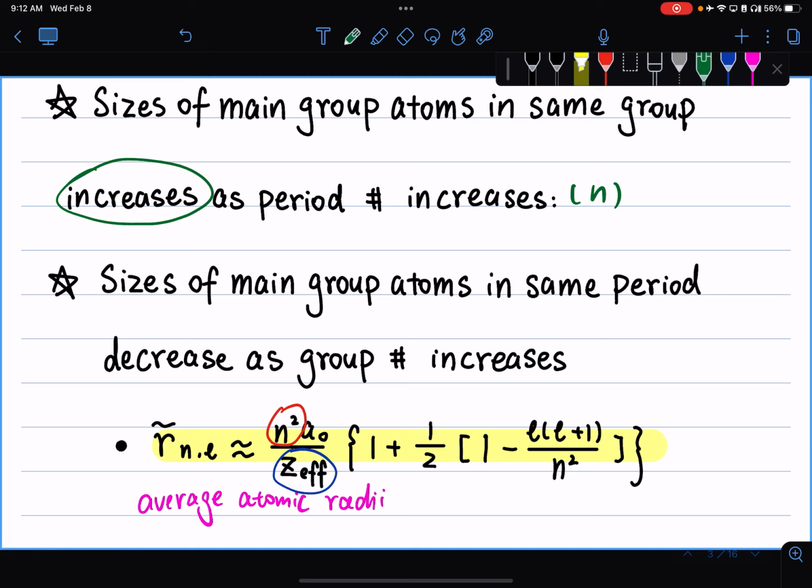This is primarily demonstrated by the principal quantum number n. And at the same time, for main group elements in the same period, the size of these atoms will decrease when your group number increases. So this comes to the effective potential changes and shielding effects.